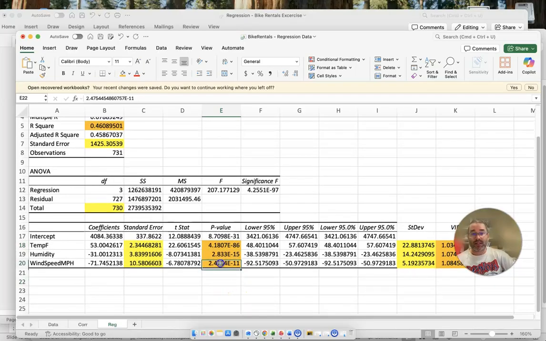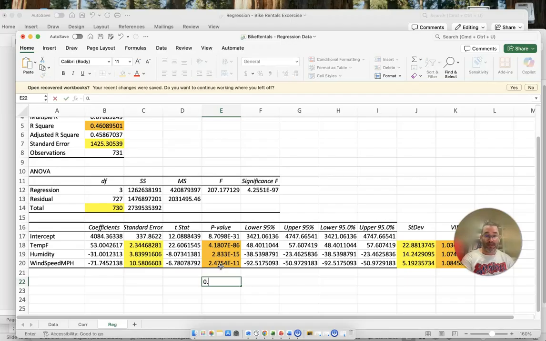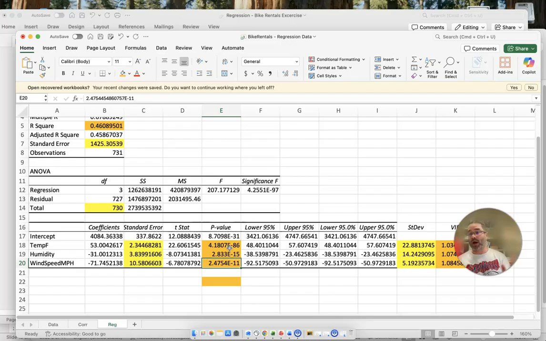What this last one means is the p-value is 0.0 with 11 zeros, and then 2, 4, 7, 5, 4, whatever. This is an extremely small number, which means it's very, very statistically significant. All of these are well under that threshold of 0.05.